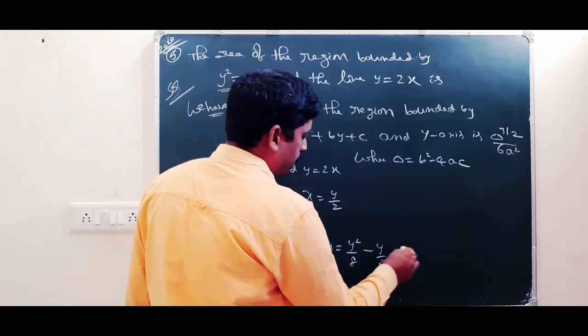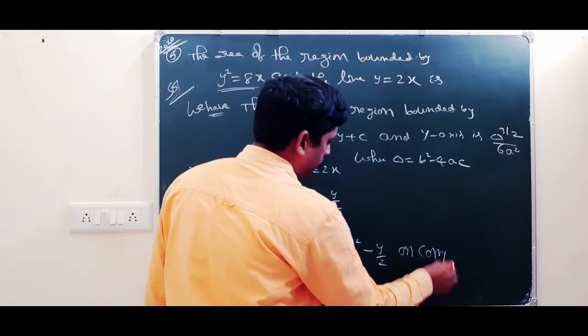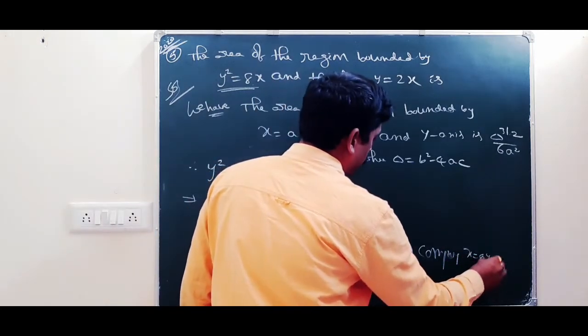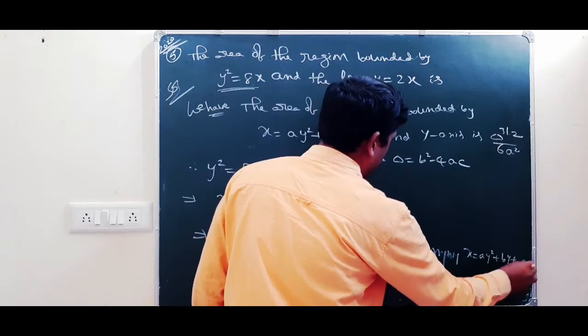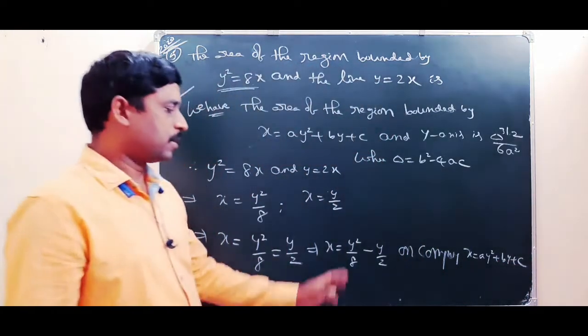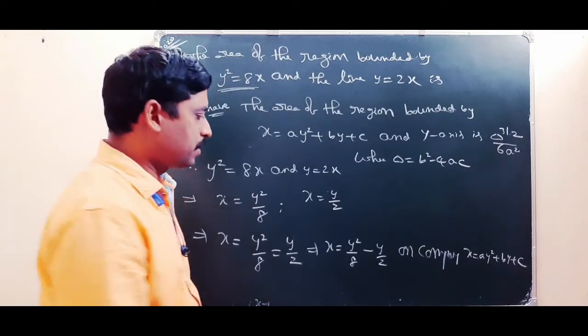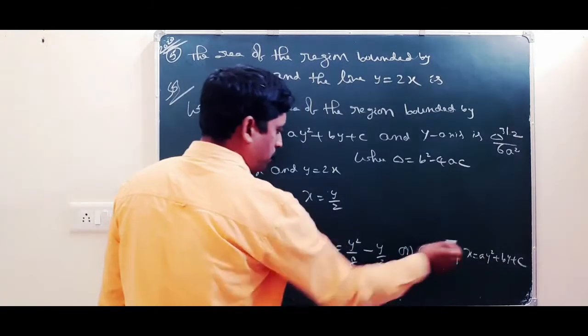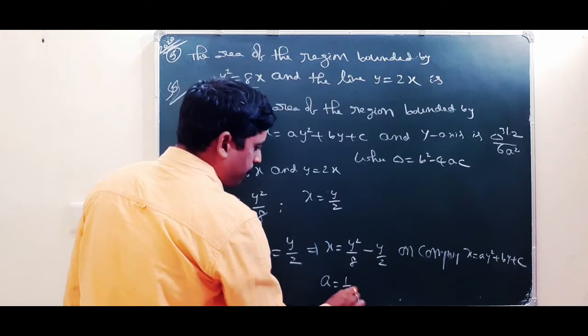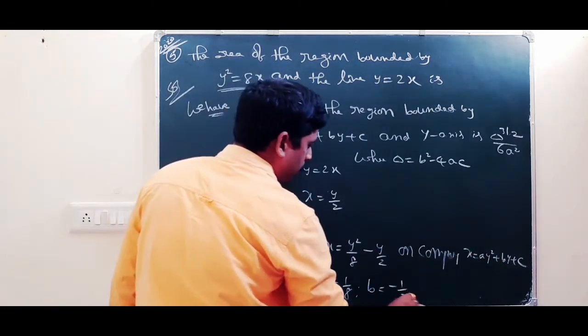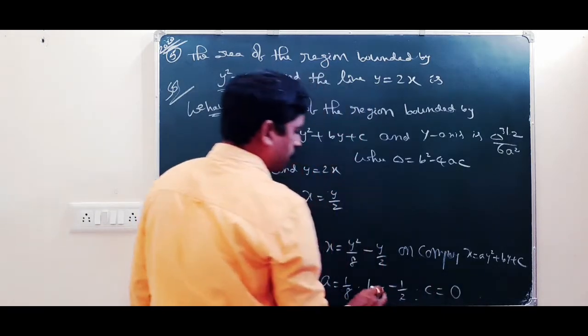So on comparing with x is equal to ay square plus by plus c, in this equation a is equal to 1 by 8 and b is equal to minus 1 by 2 and c is equal to 0.